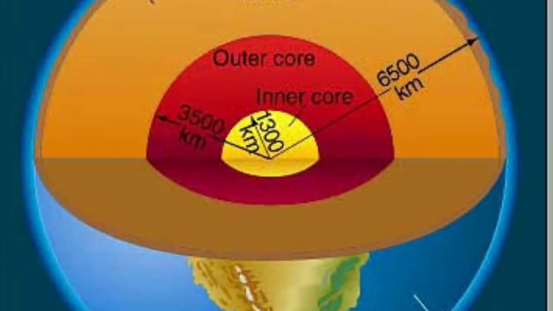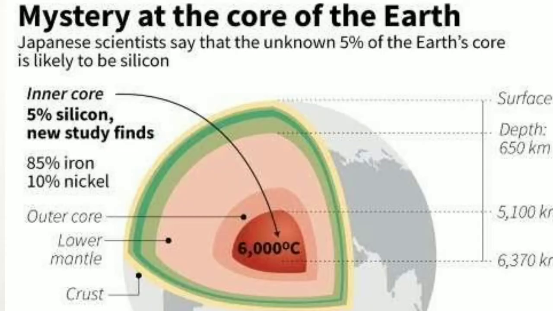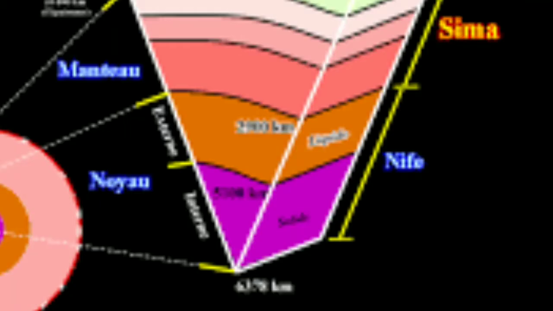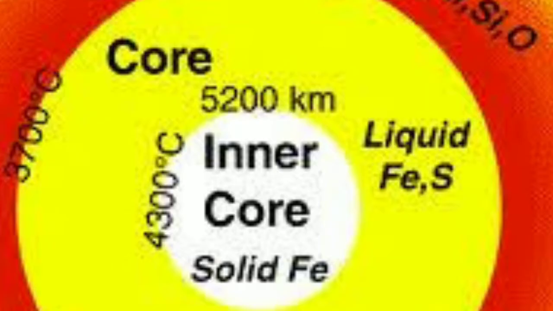The diameter of core is 3,500 km. Core even forms 83% of the volume of the Earth, as core mostly consists of iron, which is ferrous, and nickel. That's why core is also called Nife. Here Ni stands for nickel and Fe stands for ferrous or iron.